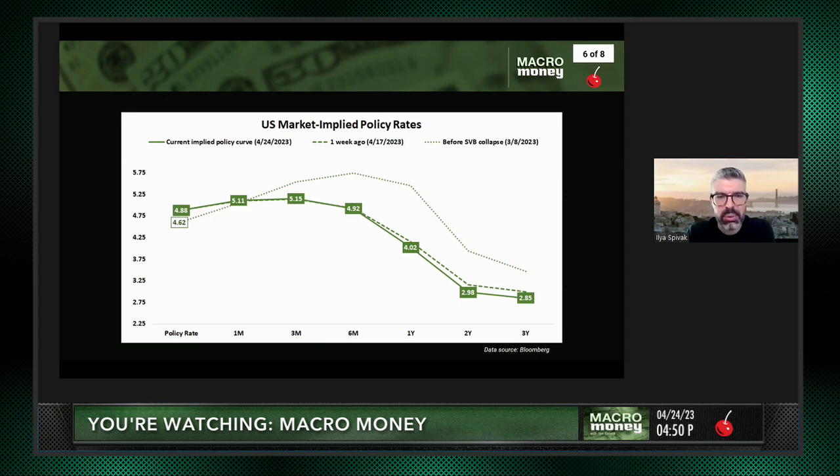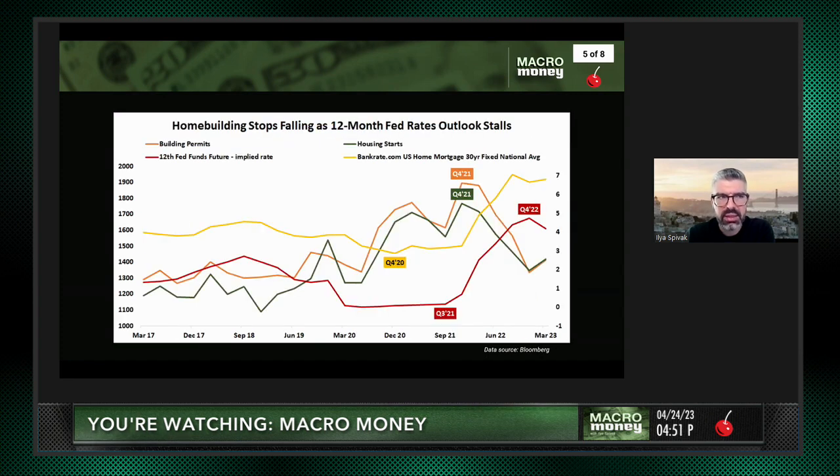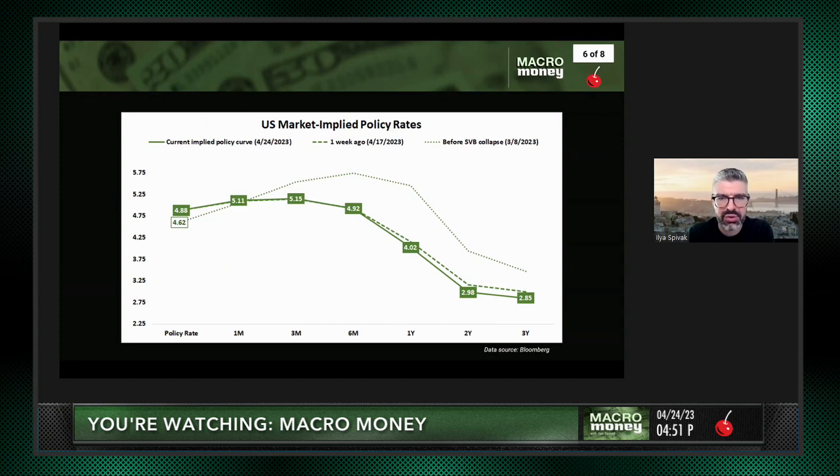So 100 basis points in cuts between this May and next, and another 100 basis points in cuts between that May and the one after. So what we then see is indeed a story where rates, in line with what we're seeing here, have probably peaked and continue lower from here, at least as far as market expectations are concerned.